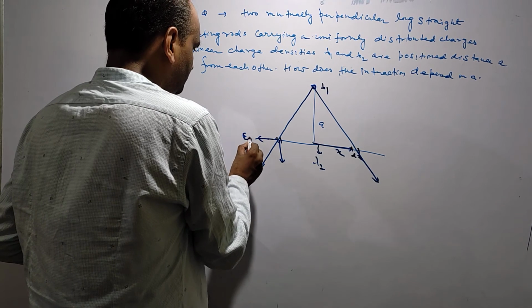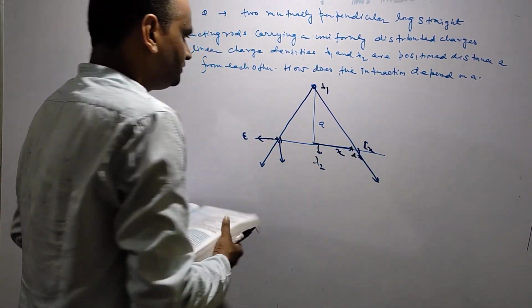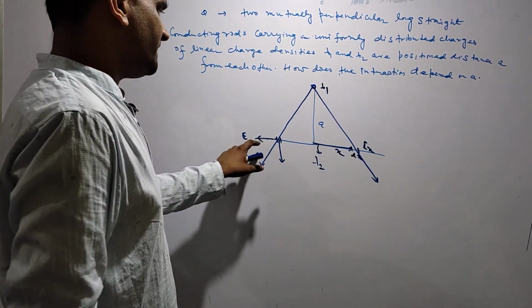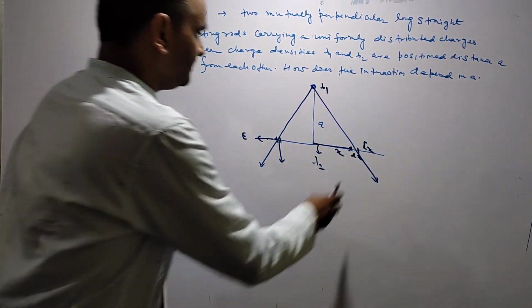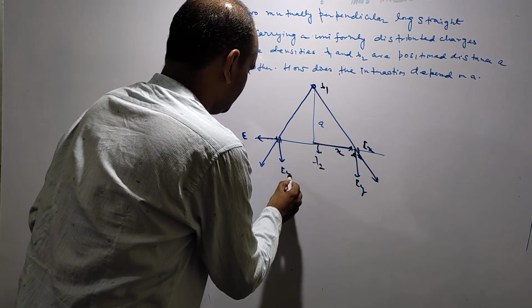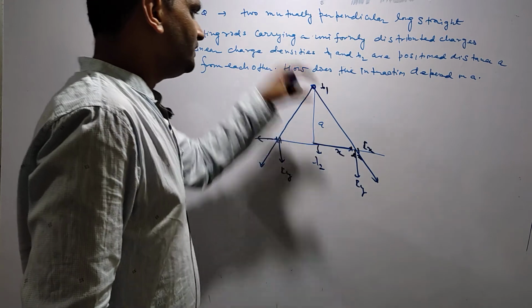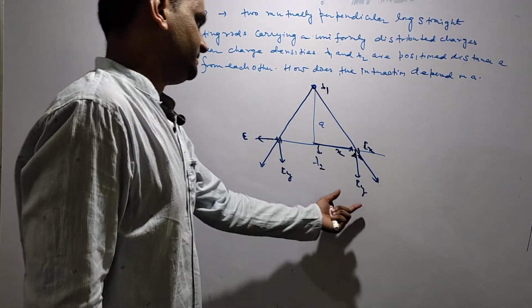So E and E are going to be the same. So they are in opposite directions. So we are not getting any component in this direction, say x direction. So we are left with only the downward or y direction, Ey. So net electric field will be in this direction, Ey. So net force will be in y direction.